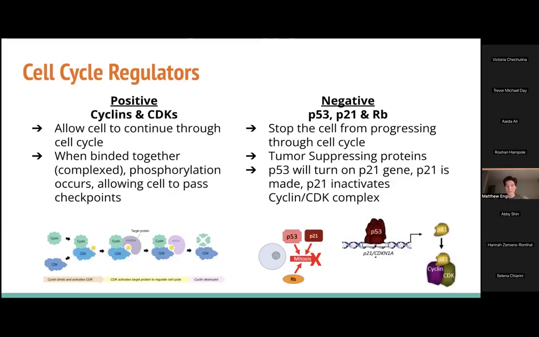Moving on to our negative regulators, we have these three up here: P53, which is our guardian of the genome, P21, and RB. These are all different proteins, and they have intuitive function with their names. They block the cell from going past checkpoints, and so they arrest the cell cycle. When it's arrested, we can fix these different problems.